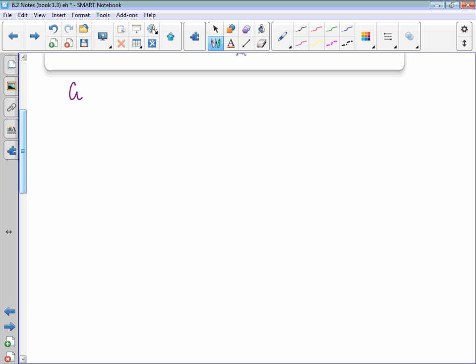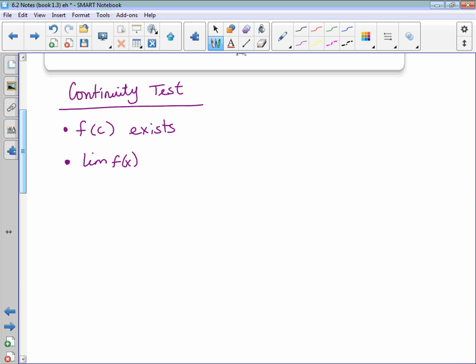So your continuity test. You have to check these 3 things every time. So the first, you have to find f of c and show that it exists. So f of c must exist. Second, the limit of your function as x approaches c exists as well.